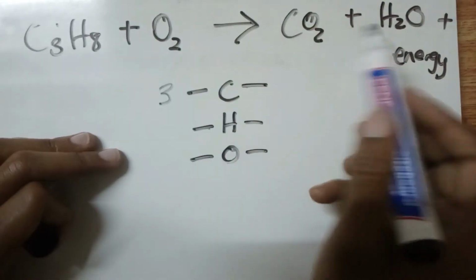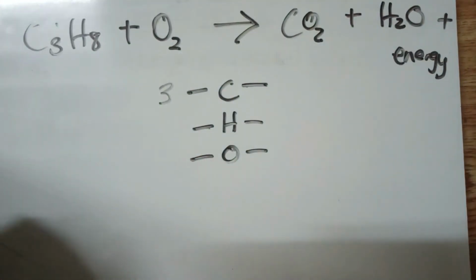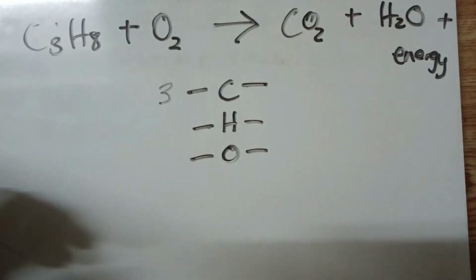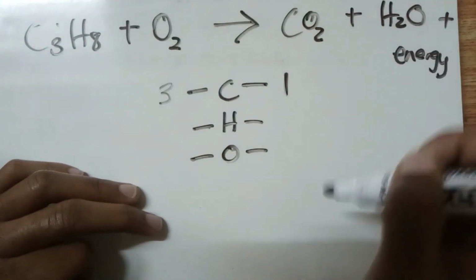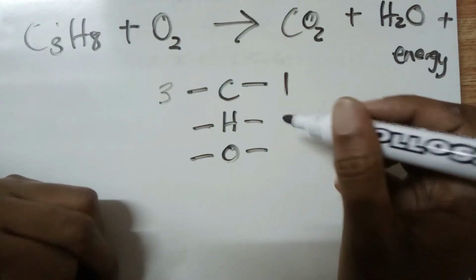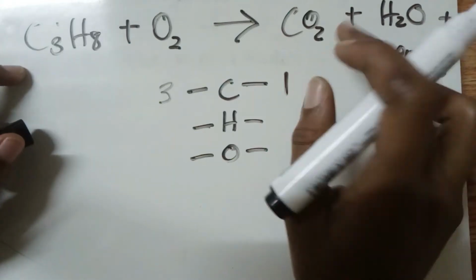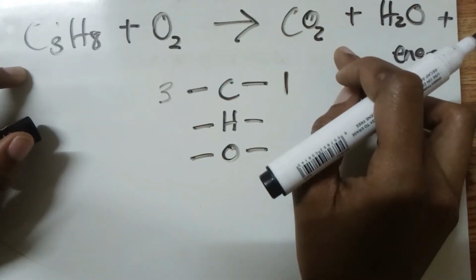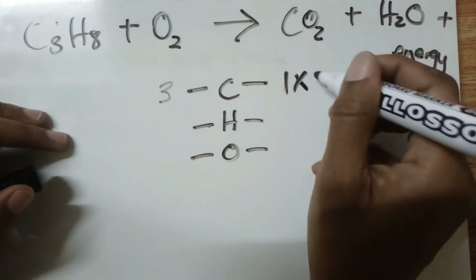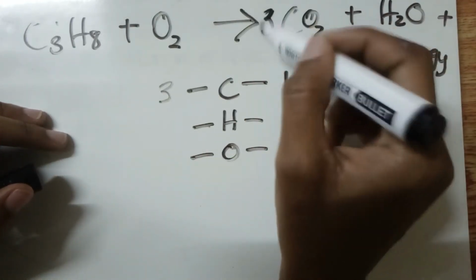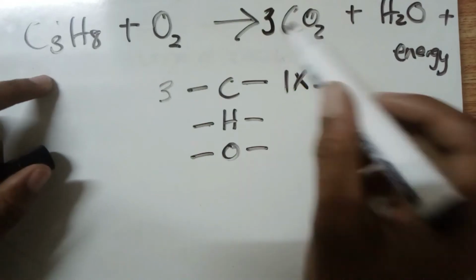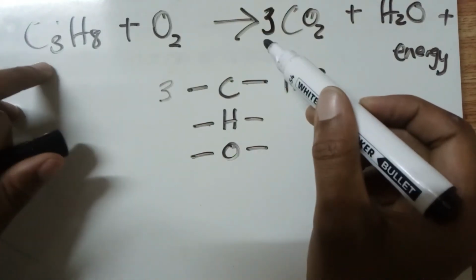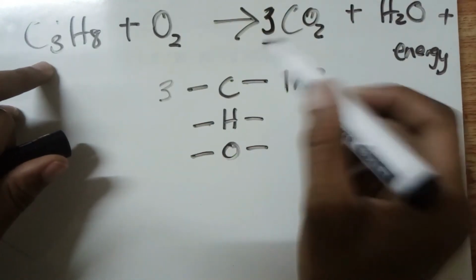And on my right hand side, how many carbons do I have? I can see that I have 1. So for it to be balanced, the number of carbons on this side has to be equal to the number of carbons on this side, right? So I must multiply this one by 3, meaning here I'll put 3. So the number of carbons actually balance: 3 carbons on this side, there's also 3 carbons on this side.